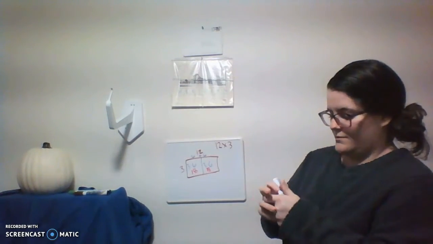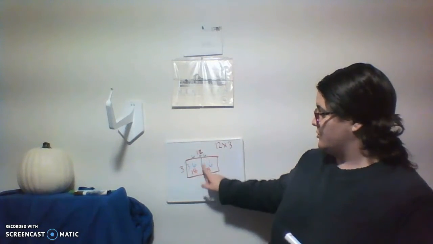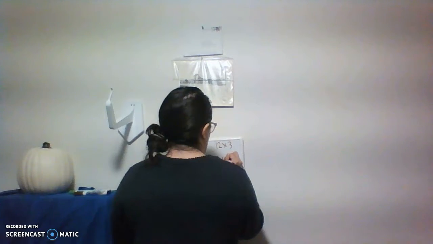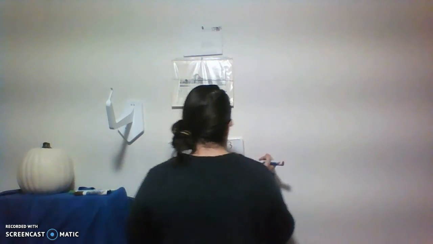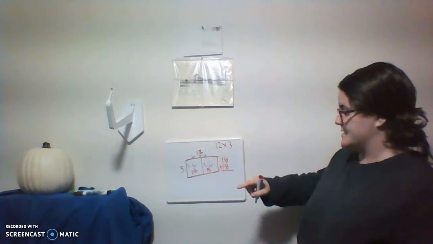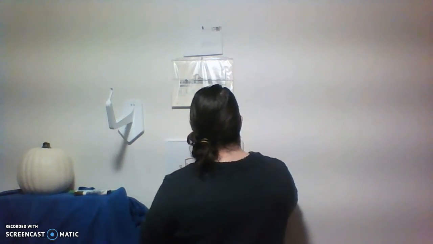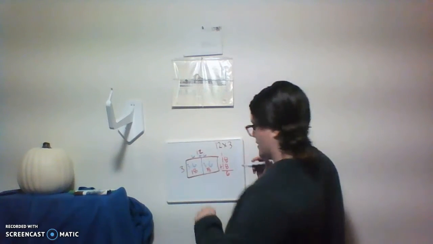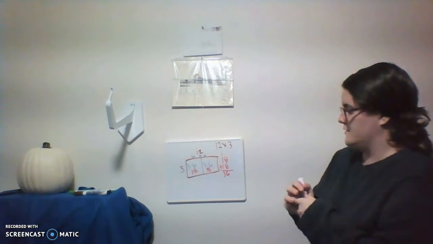And now, because I'm trying to find out what the whole box is, not my little boxes, I'm going to add together 18 plus 18. So now we have 8 plus 8 is 16. Carry the group of 10 over. 10 plus 10 plus 10 is 30, which gives us our answer of 36.